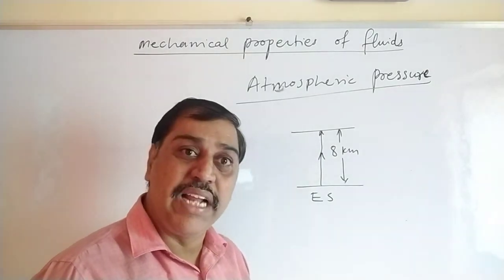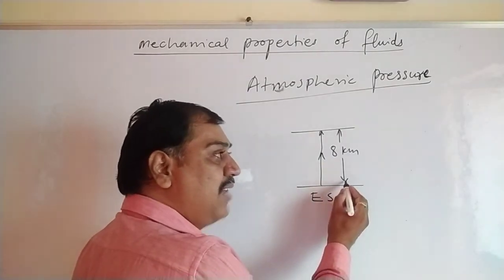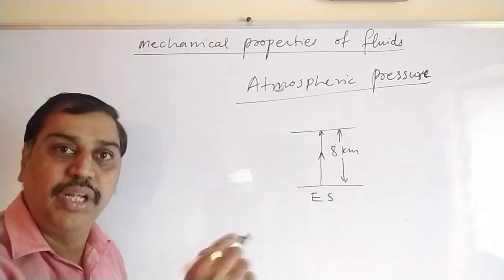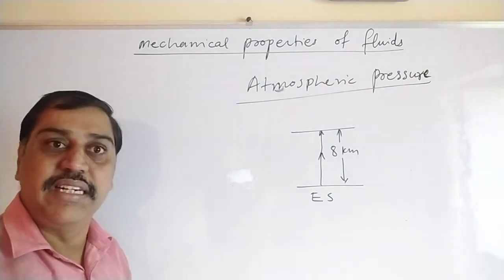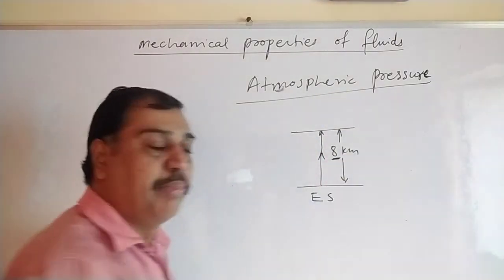The same thing occurs with the density of air. Density of air is maximum on the earth's surface. As height above the earth's surface increases, density decreases, and above 8 km, density is negligible. We can neglect it.